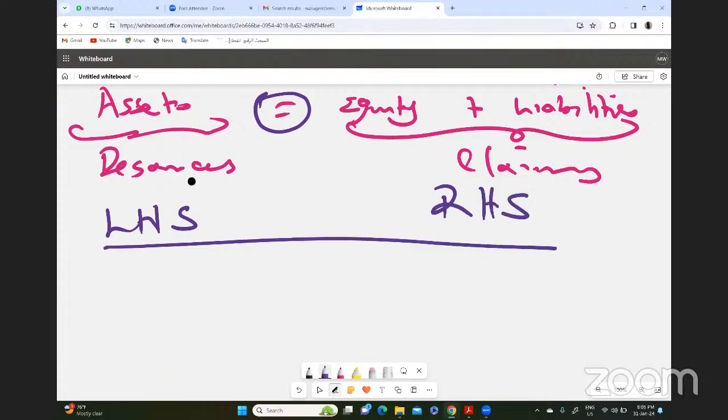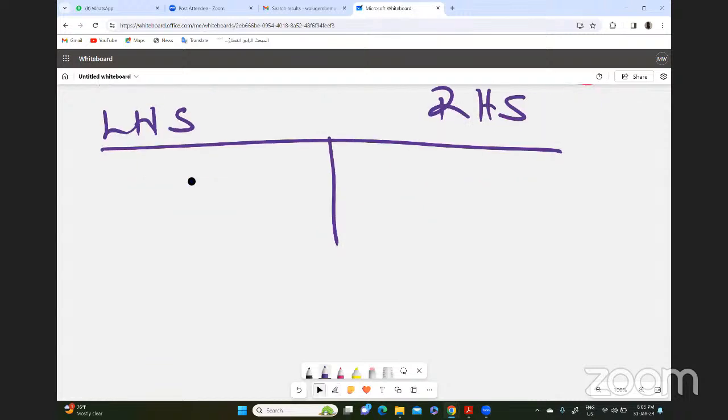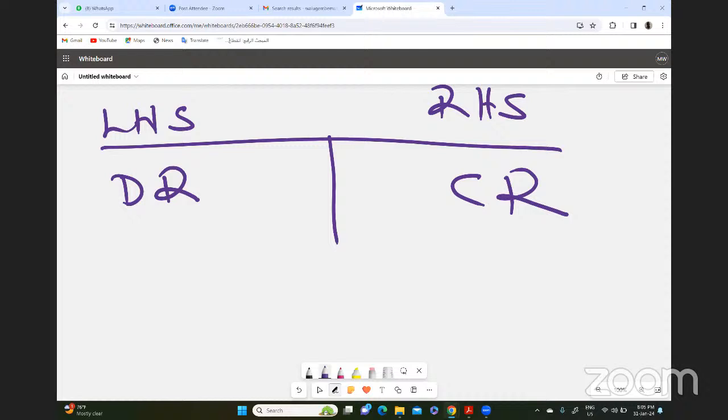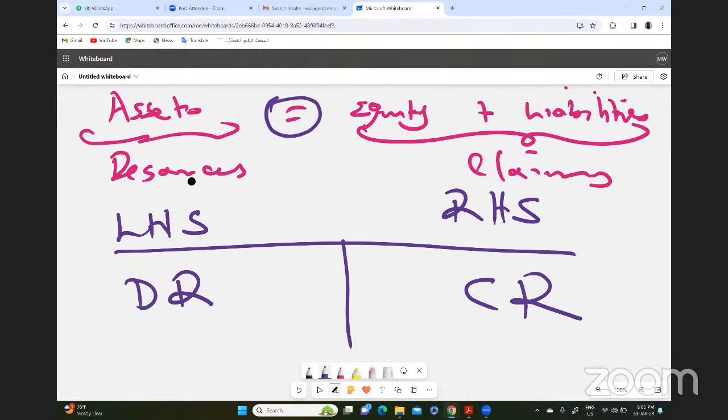If I take you back to the cash book that we are looking at, the left-hand side is a debit, and the right-hand side is a credit. So everything on the left, debit. Everything on the right, credit. Assets, debit. Liabilities, equity, credit.